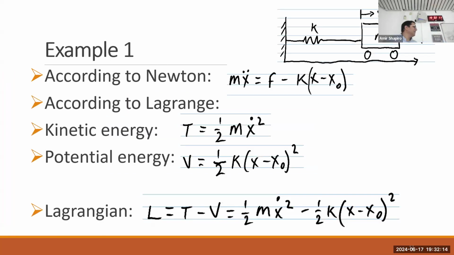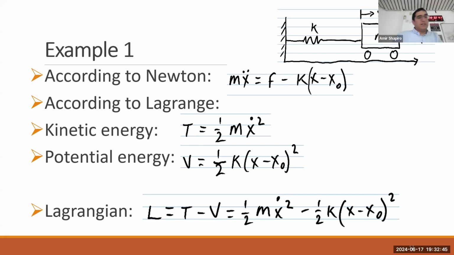So let's take a very simple example. If I take this cart that is connected with a spring to the left side, and it has configuration parameter x as the displacement along the x.